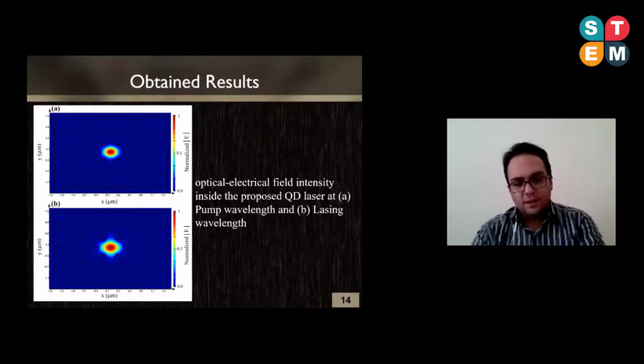In fact, the proposed laser uses this resonant mode as a means to enhance the excitation of the quantum dots and optical pumping. Besides, the bounded mode profile at the lasing wavelength, depicted in figure B, provides a narrower output spectrum.